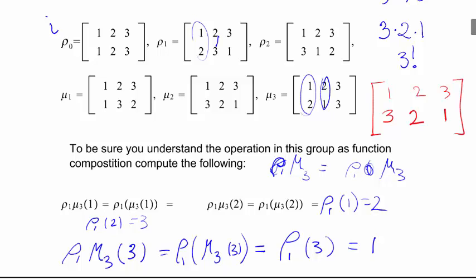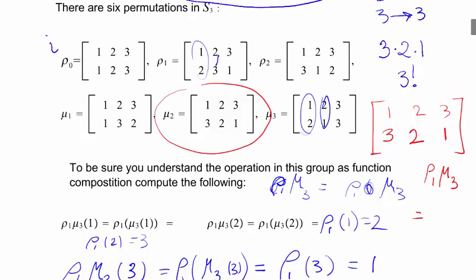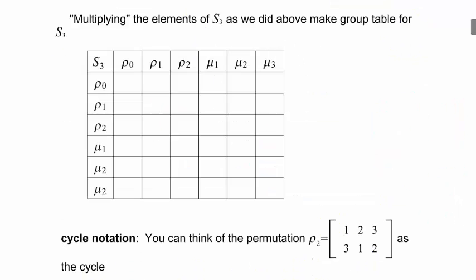So this is the mapping row 1 mu 3. So what we have found here is that row 1 mu 3 equals mu 2. So here is row 1 mu 3, and this entry will be mu 2.